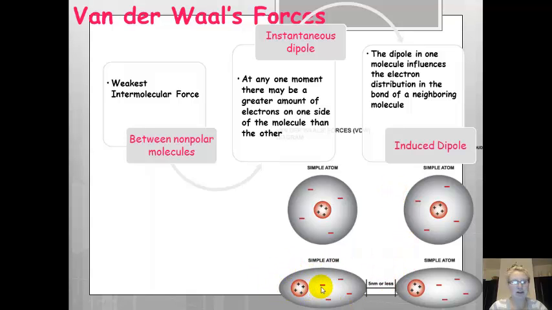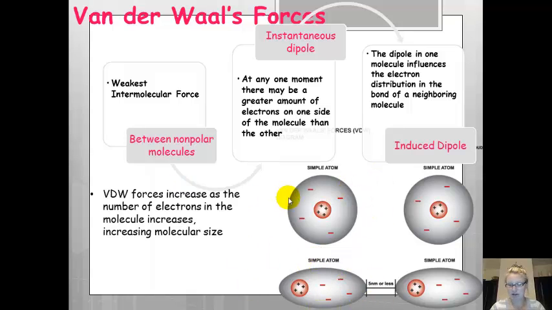And so these two atoms are attracted to each other. However, it only occurs for a few seconds, so it's a very weak attraction.